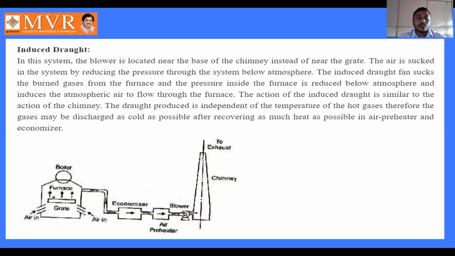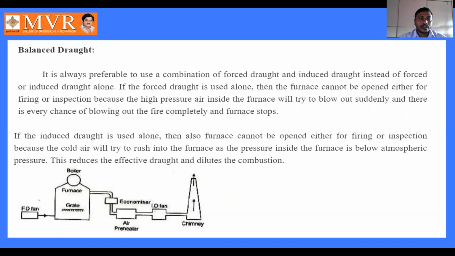After generating the hot gases, by using the chimney we send the exhaust to the atmosphere, and we get new air onto the grate for the other combustion process in the boiler. Therefore, gases may be discharged as cold as possible after recovering as much heat as possible in the preheater and economizer.